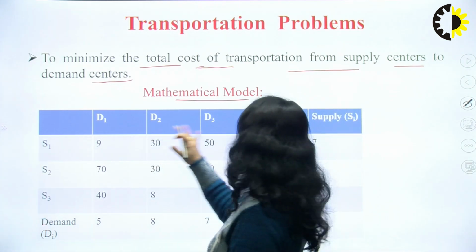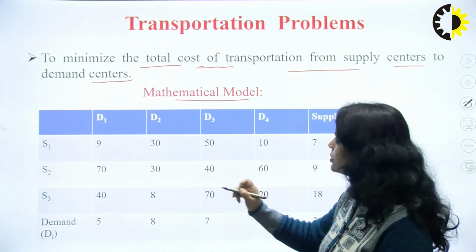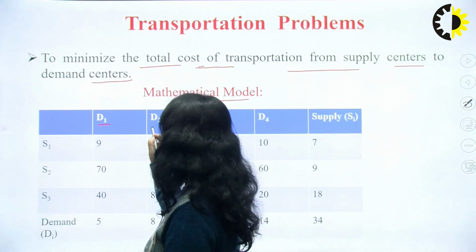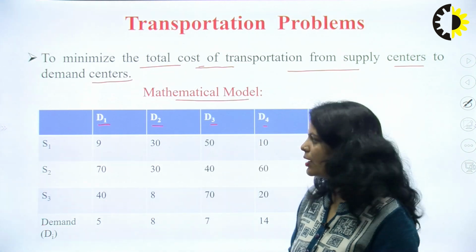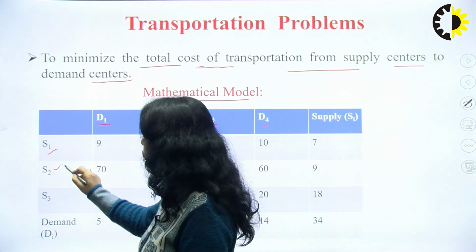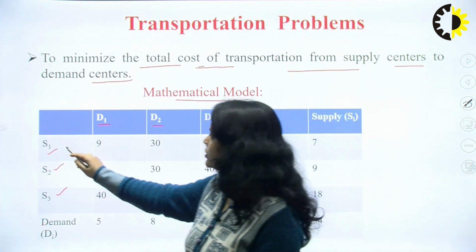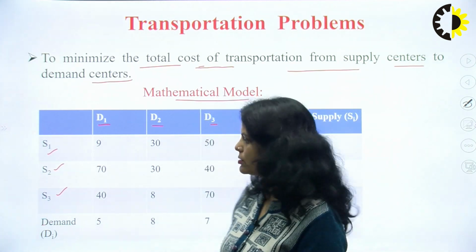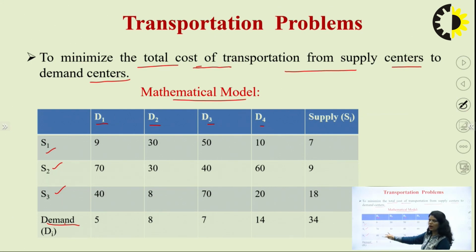In this matrix there are different terms associated. First we see D1, D2, D3, D4. These are the distribution centers, and S1, S2, S3 indicate the supplies. In the last row we indicate the demand, and in the last column we indicate the supply.